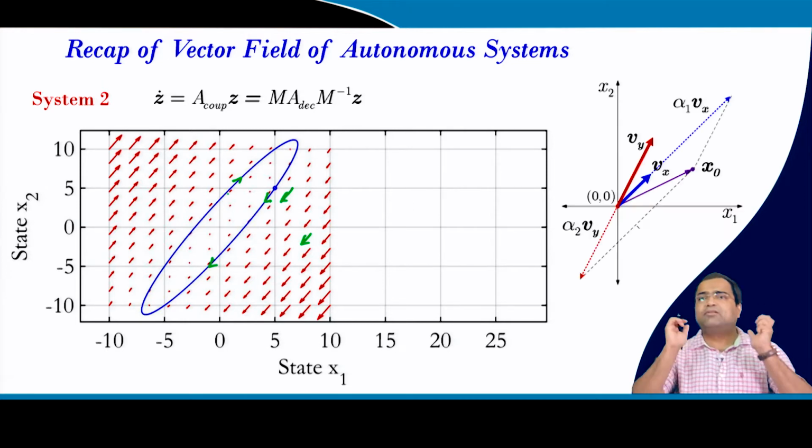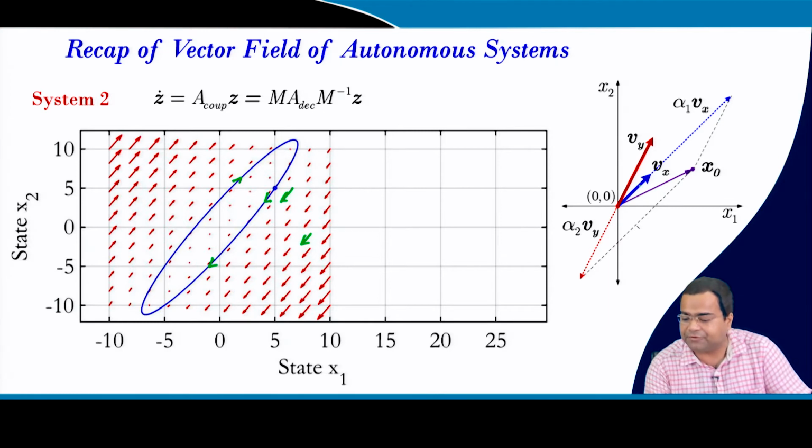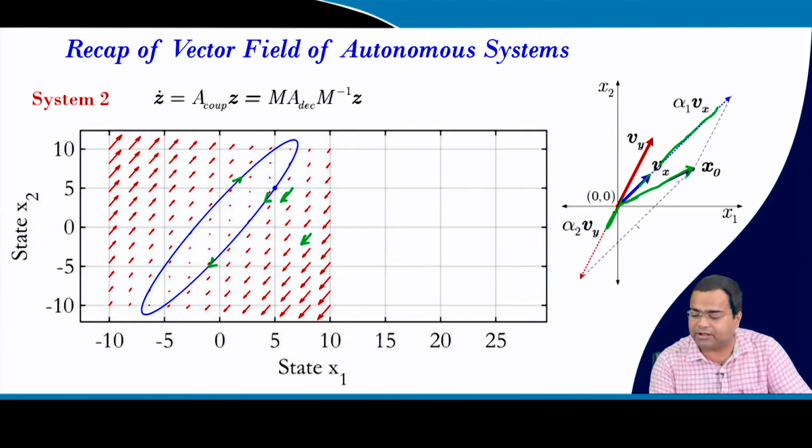And this is exactly what we have discussed, that if you multiply with m, the earlier basis vectors x1 x2 now got changed to another basis, vx and vy, and that is why this initial condition we have discussed can be mapped by spanning vx along this axis and vy along this axis, so that the resultant will look like this.